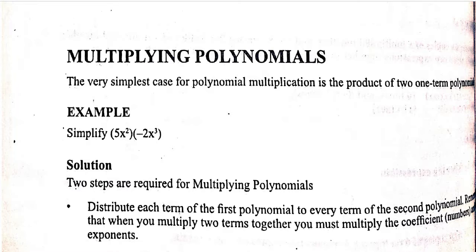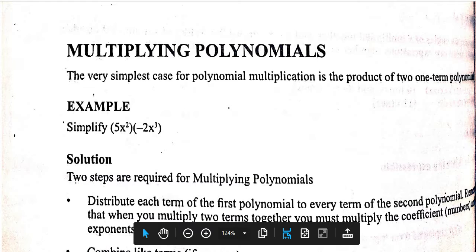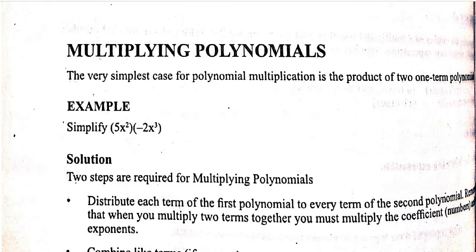After this, another concept is multiplication of polynomials. How will we multiply two polynomials? These are two polynomials, the first having power x raised to the power 2 and the second having power 3.